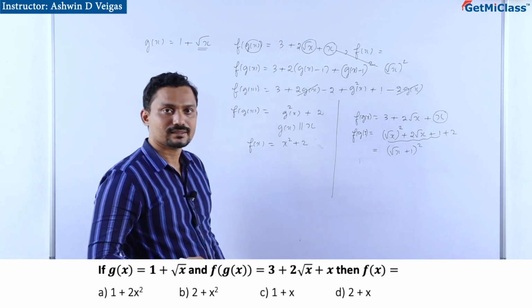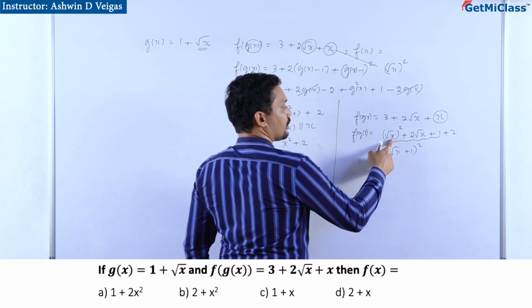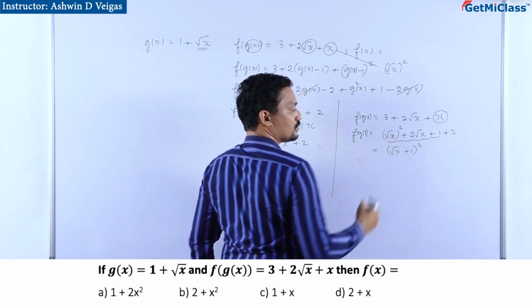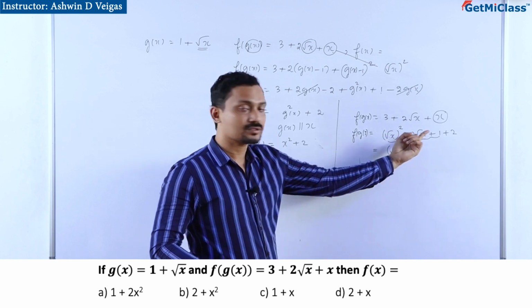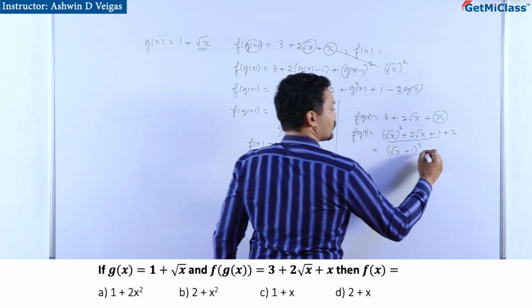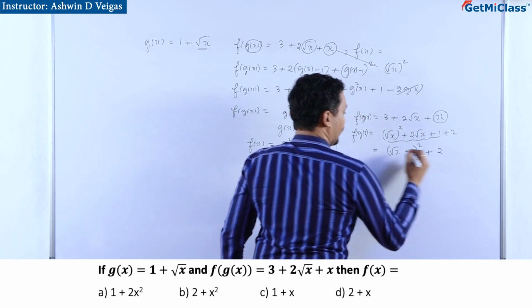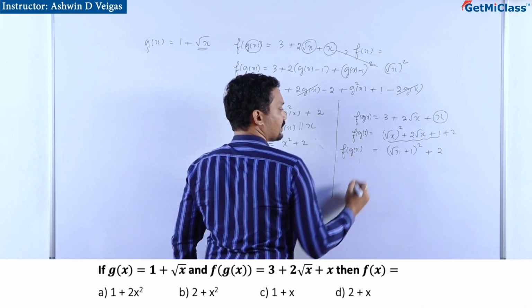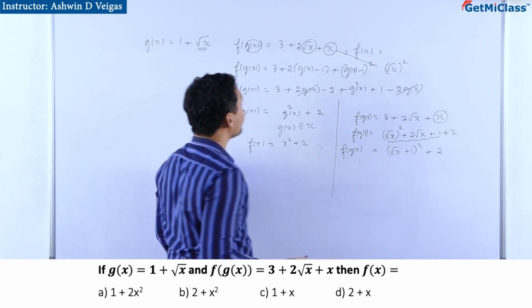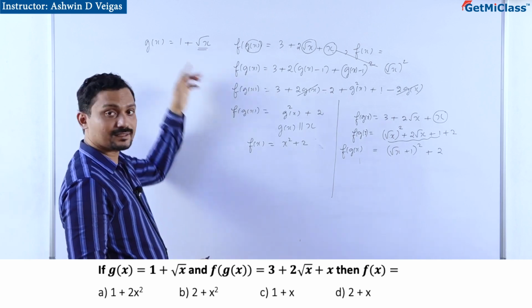So, you can see that it is in the form a square plus b square plus 2ab. Otherwise you can cross verify, root x plus 1 whole square is this plus 2, and the left hand side is f of g of x. So, root x plus 1, I have created that root x plus 1, that is g of x, on the other side.